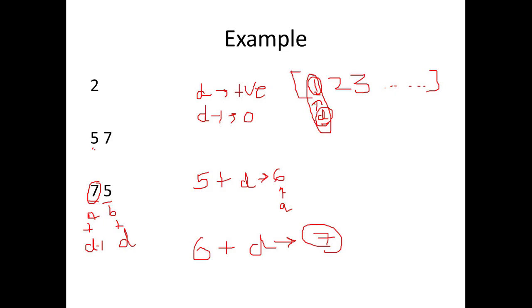And in the second example, where a was 7 and b was 5, there also we can use d equal to 1 to obtain b equal to a. So there will be no such case where Chef cannot achieve a equal to b. So simply we need to print yes in the output.